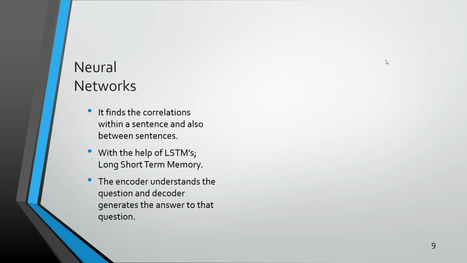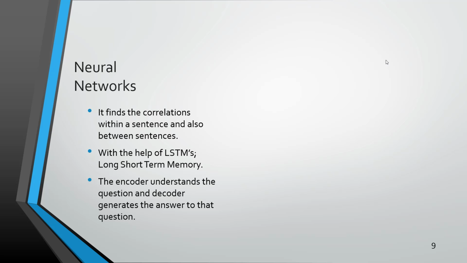In those recurrent neural networks, we have used LSTMs, long short term memory, because we need a memory of the previous input to the network. We need to know what the previous word was, to find out the context, the meaning, and what type of question was being asked of the chatbot. So what do these neural networks do?